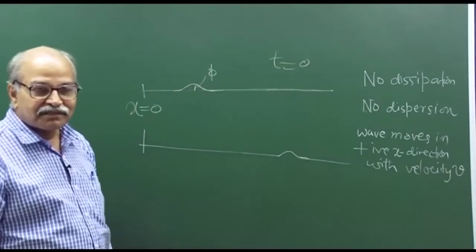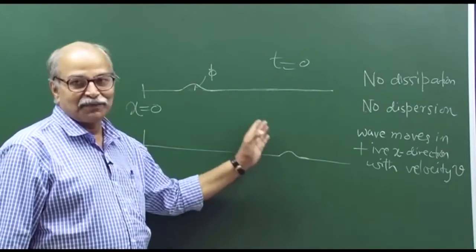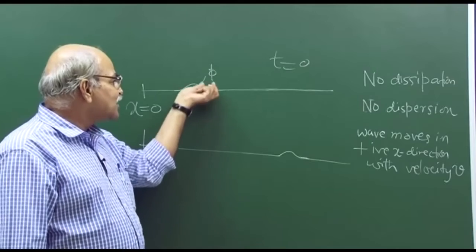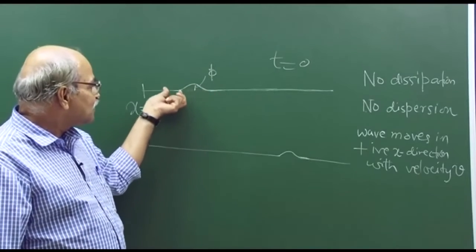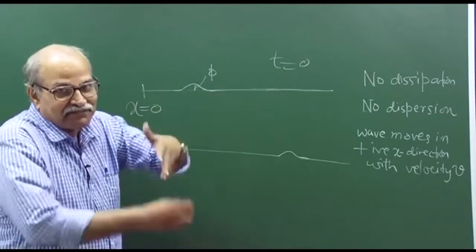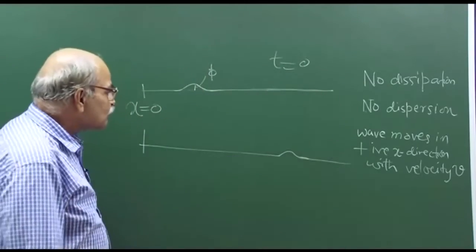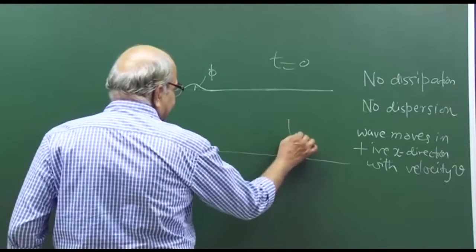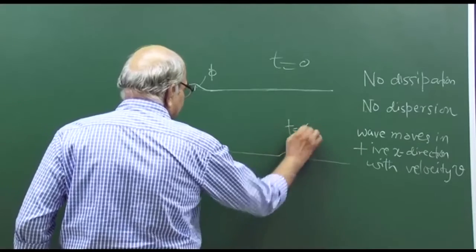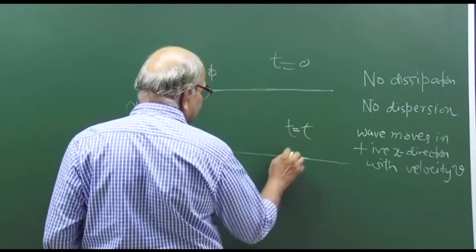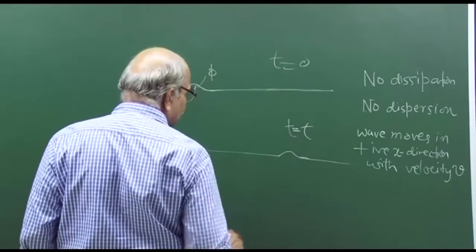If it is not, then you can have a change in shape. If the front portion moves with a higher speed and the rear portion moves with a smaller speed, then you will have change in shape and all those things, which we call dispersion. Let us say this is time t equal to t. Okay, so this is time t and this is time 0.